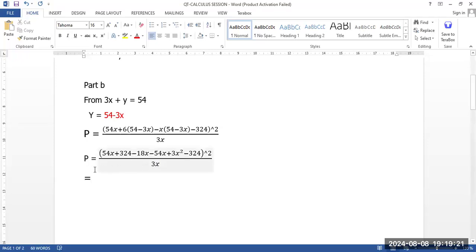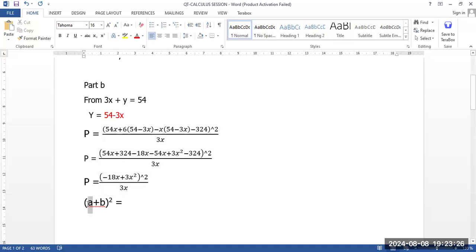So finally, your P is going to be what? If you have (A + B) all squared and you want to open the brackets, what do you do? If you want to expand, what do you get?